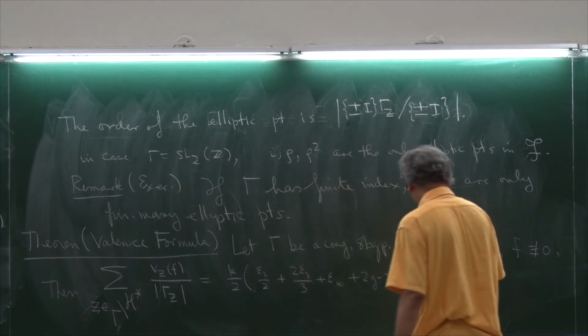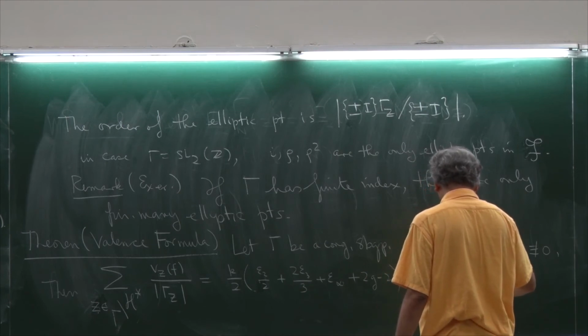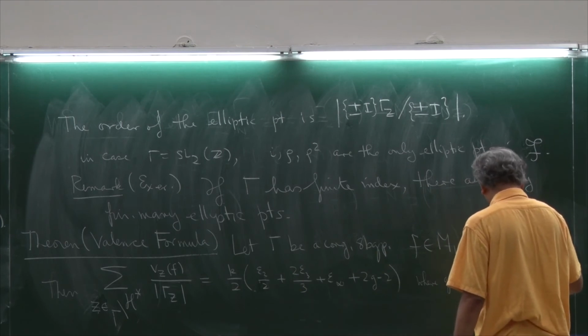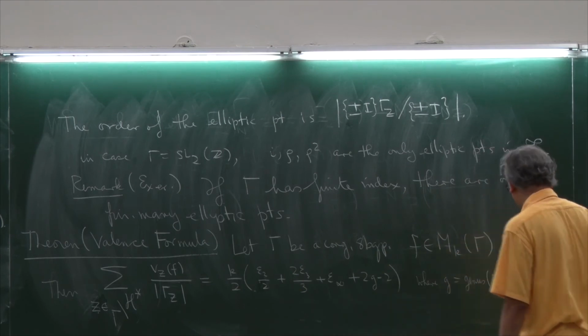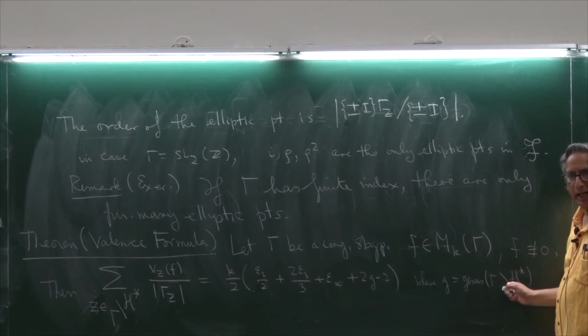where g is the genus of, okay, so I've added the cusps as a compact Riemann surface. Compact Riemann surfaces are homeomorphic to a sphere with g handles, okay?